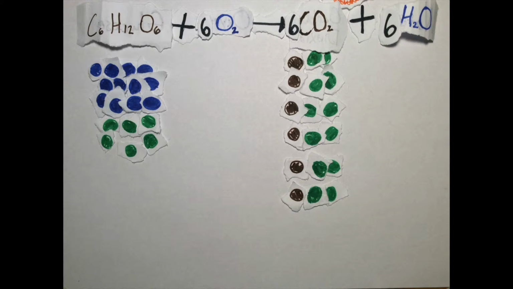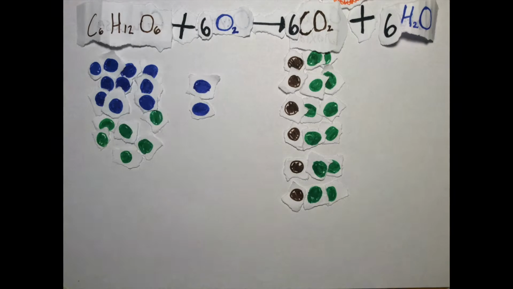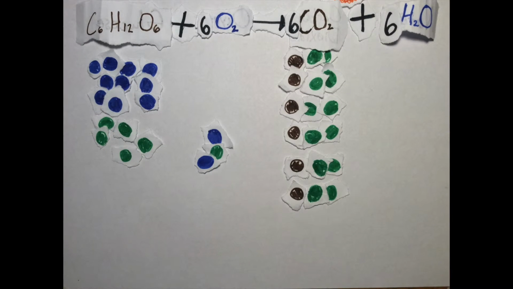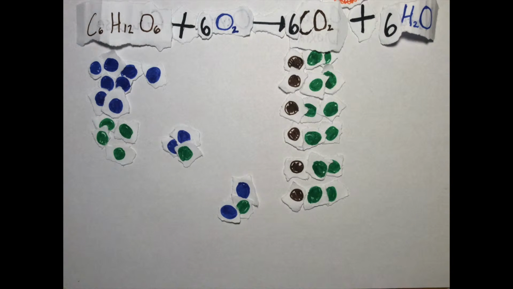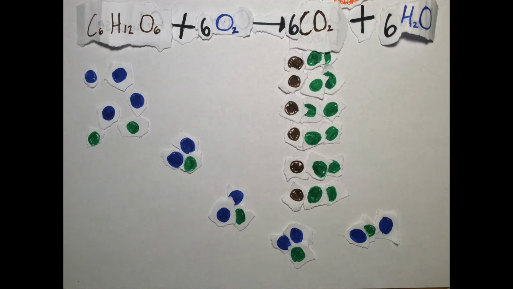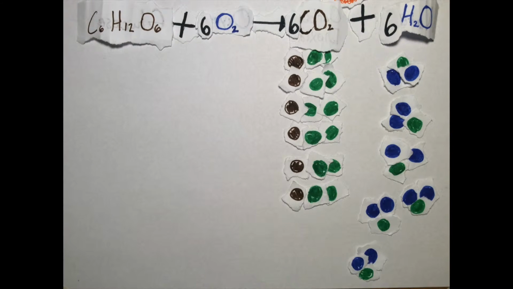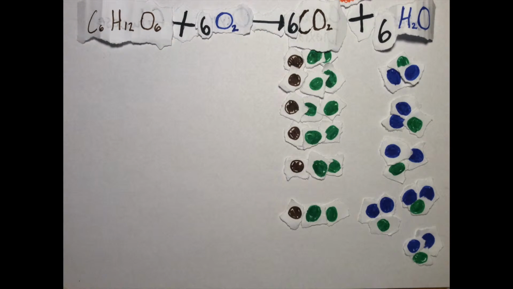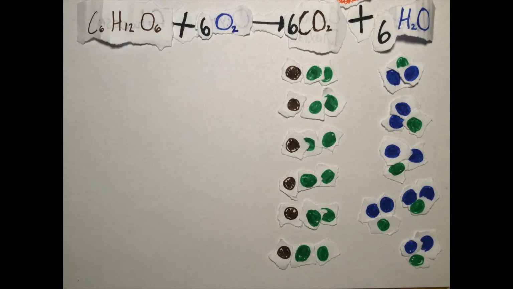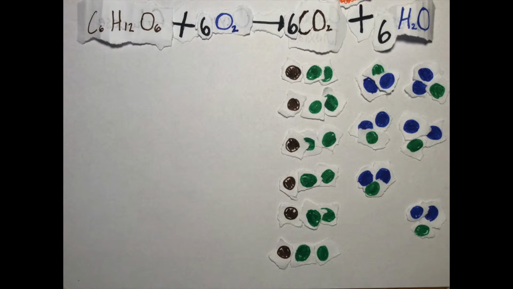Now the hydrogen and the oxygens left over from the glucose molecule are going to leave as well. So 2 hydrogen are going to pair with each 1 oxygen, and they're going to go to the other side as well, making 6 H2O molecules.